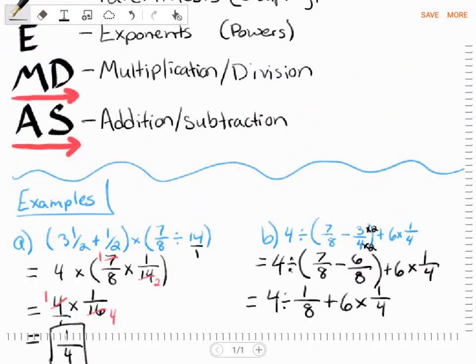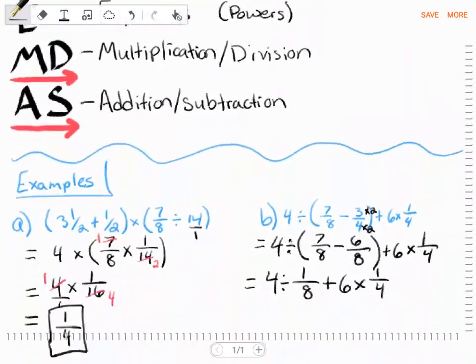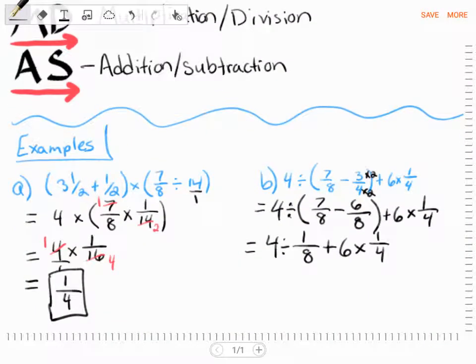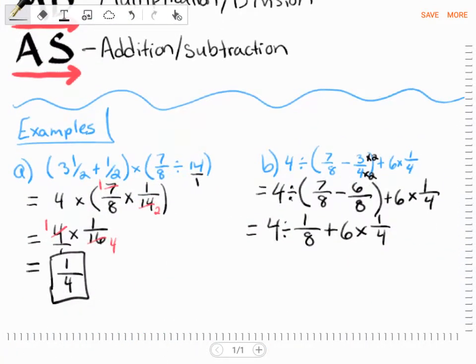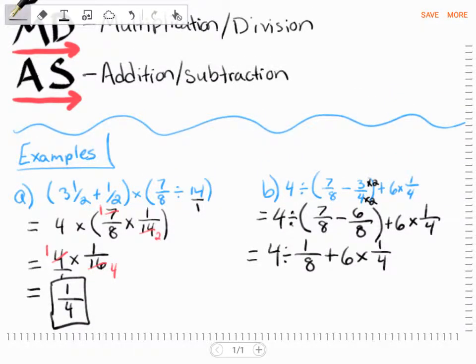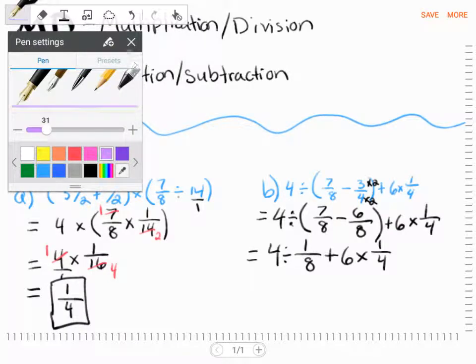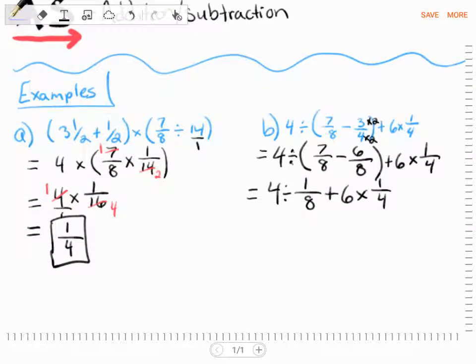Alright, now I'm going to look back up here. My next thing I've got to do is exponents. I do not see any exponents, so I'm not going to have to worry about it. My next thing is multiplication and division as I see it from left to right. So the first thing I see here is some division. And if you need to mark it out, if you need to ask, what are the things I'm going to have to be tackling in this step?